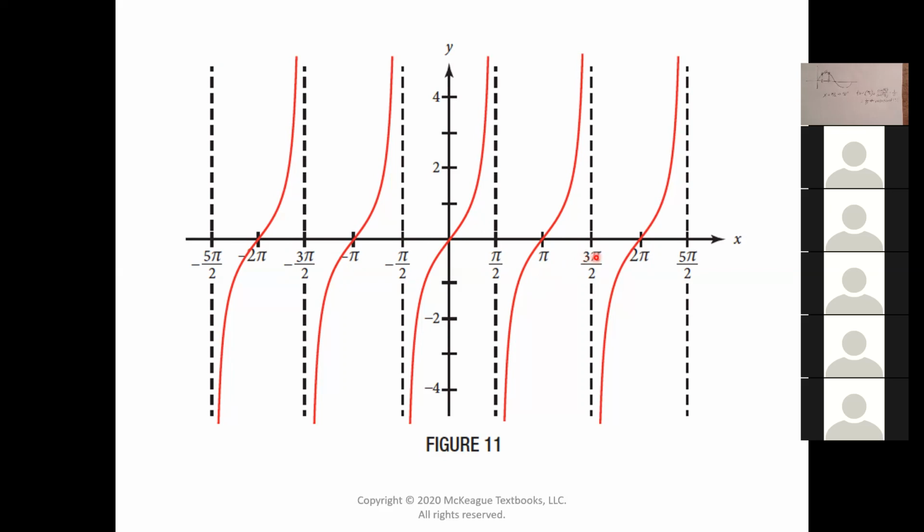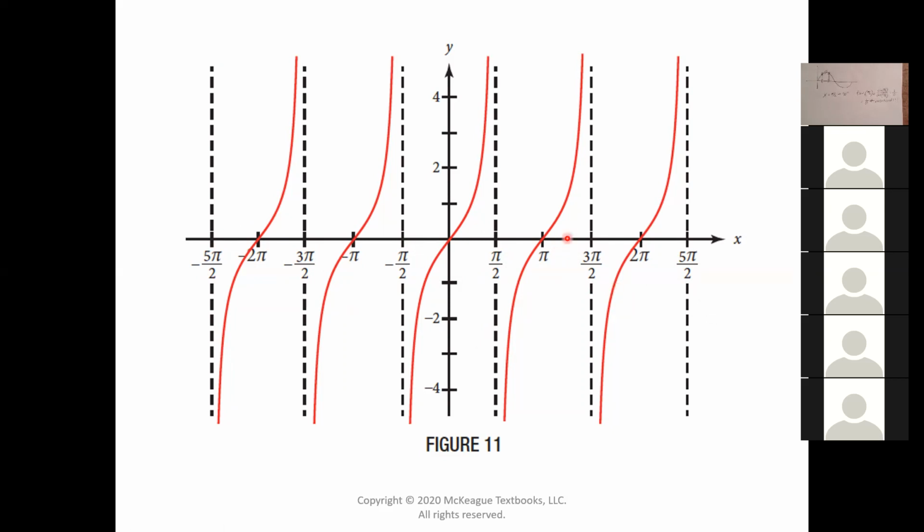The tangent of 3 pi halves, undefined. The tangent of 5 pi halves, undefined. The tangent of negative 1 pi halves, undefined. Tangent of negative 3 pi halves, undefined. Tangent of negative 5 pi halves, undefined. So the tangent is undefined at odd multiples of pi halves radians in general.